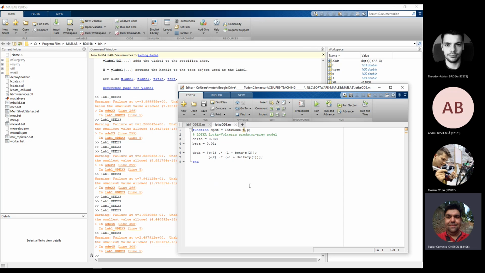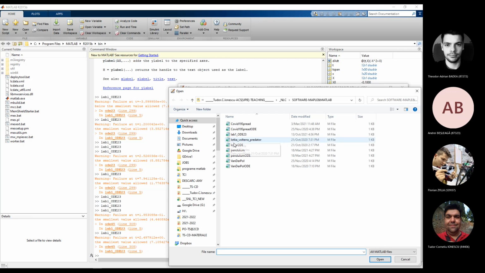P is the state variable. We have some coefficients here, and the two differential equations: P1 dot is P1 times (1 minus beta P2), and P2 dot is P2 times (minus 1 plus delta P1). This is how you define your differential equation.